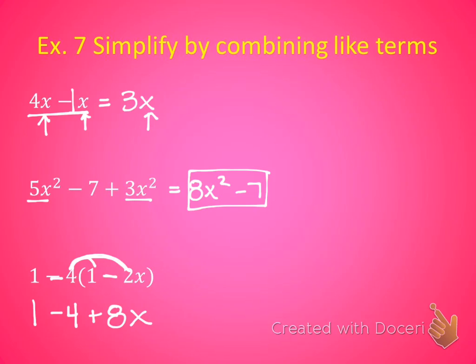Positive 8x, exactly. Now I need to add like terms. What are my like terms? 1 and 4, exactly. Do they have the same sign or different signs? Different, so I subtract and take 4 minus 1, which is 3. Take the sign of my largest number, which is negative. All right, negative 3 plus 8x.